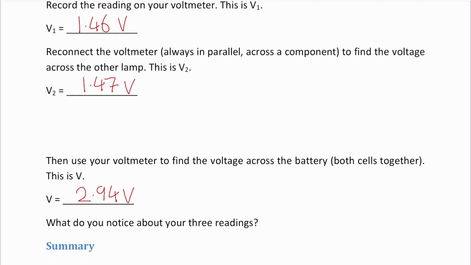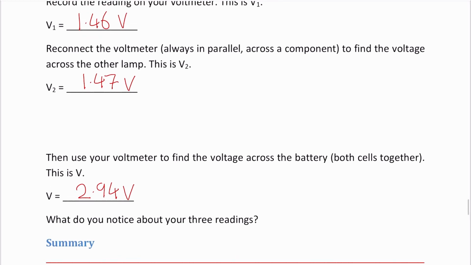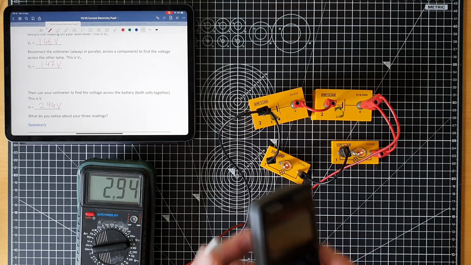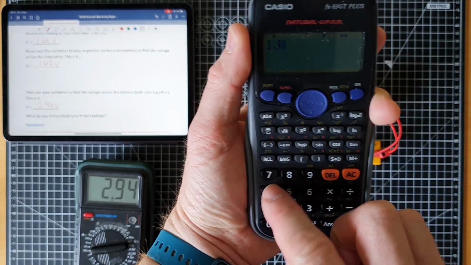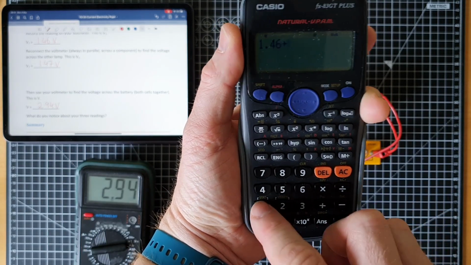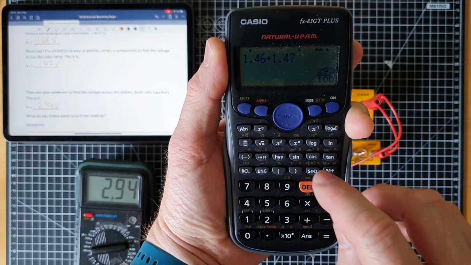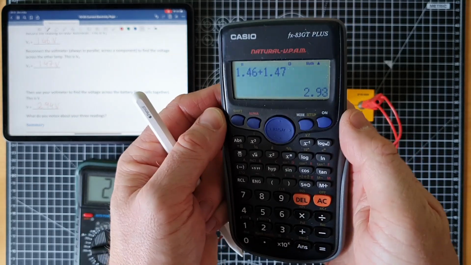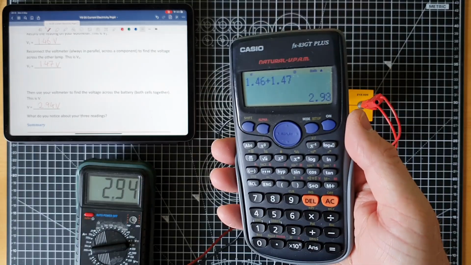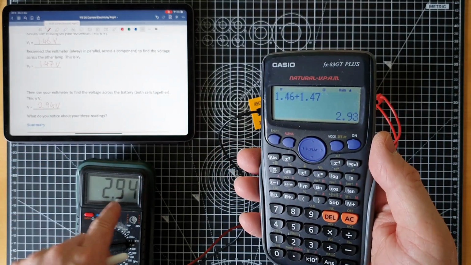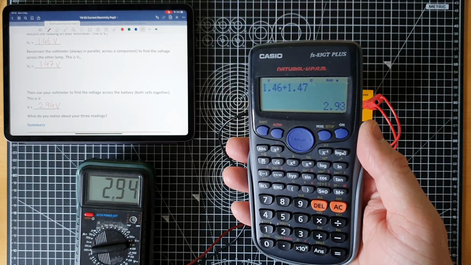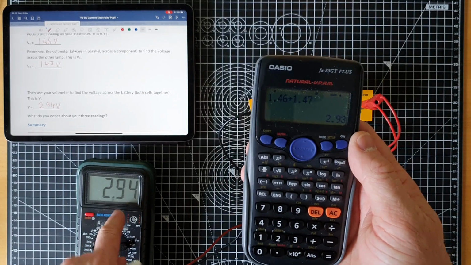So let's have a look at these three readings. 1.46, 1.47 and 2.94. Is there any pattern here? 1.46 plus 1.47 equals 2.93, 2.94. They're the same answer. Again, we're just getting slight rounding differences whenever we use a meter like this.